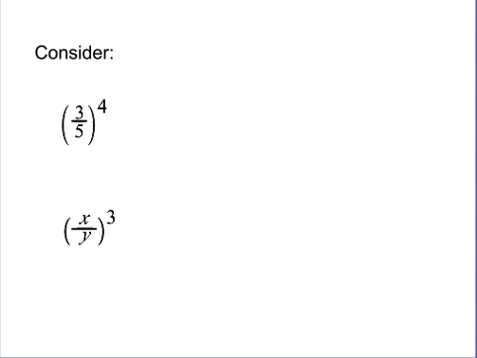That's pretty simple stuff. Now, let's consider how to do division or fractions when we have an exponent involved outside of the parentheses like this. All this means is 3 fifths to the 4th power. All that means is we're going to use 3 fifths 4 times as a factor, right?